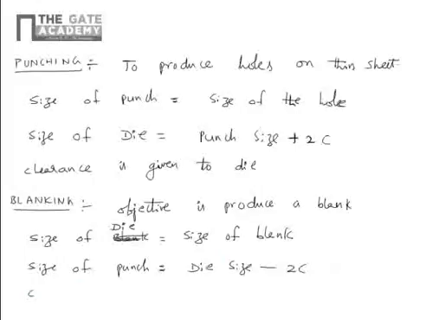So clearance in blanking is given to punch. That's what you have to remember, because in the formula it is showing, right?